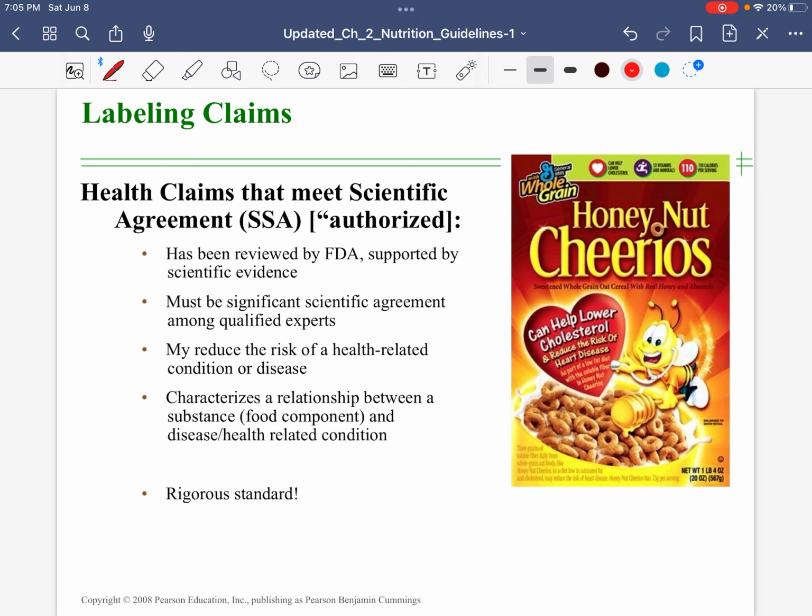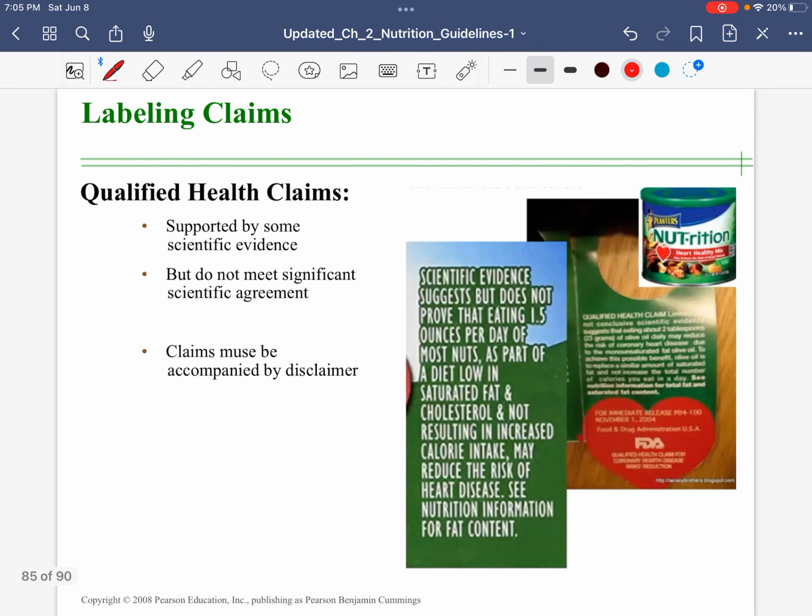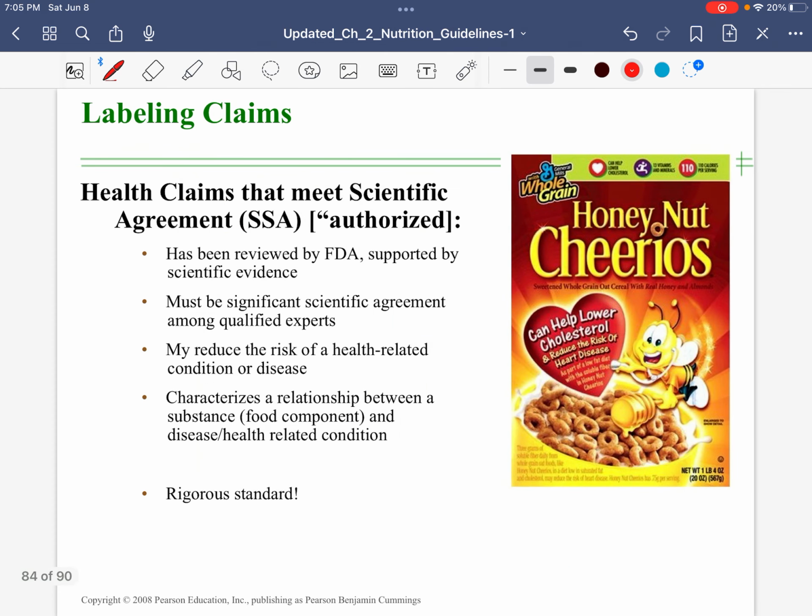The one where it gets sticky is health claims. Can help lower cholesterol. What does this say? Heart healthy. That's kind of hard to read. That says heart healthy. These are health claims. Good for your heart. Can lower cholesterol.